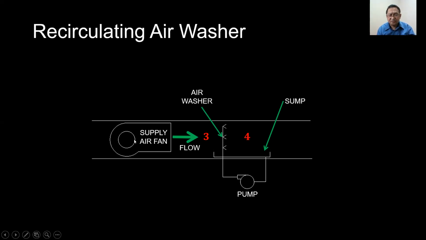You have a supply air fan here, the airflow, and from 3 to 4, the only change is that the air is subjected to an air washer, and the water is circulated with a pump from the sump and goes back to the air washer here, sprayed into the air and settles down in the sump and is circulated.